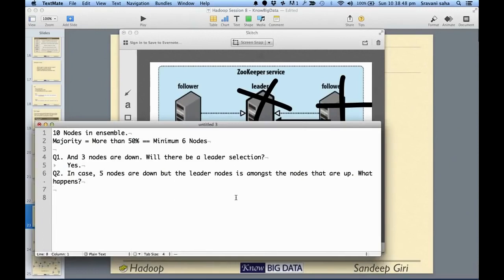Anand says it will continue to be leader. Santana also says zookeeper will fail. Good, thank you, Sarju.